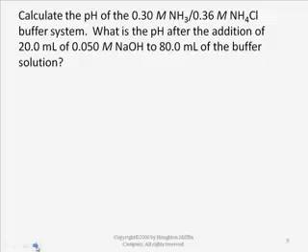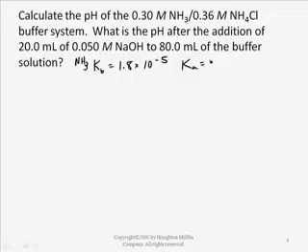Okay, here we're going to look at our initial buffer solution. So we can use Henderson-Hasselbalch. Our Kb for ammonia is 1.8 times 10 to the minus 5th. So the Ka for the ammonium is going to be 5.56 times 10 to the minus 10th.